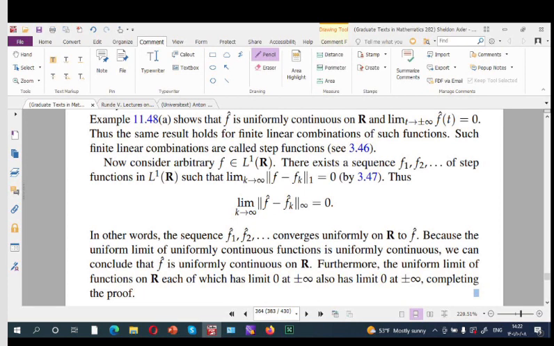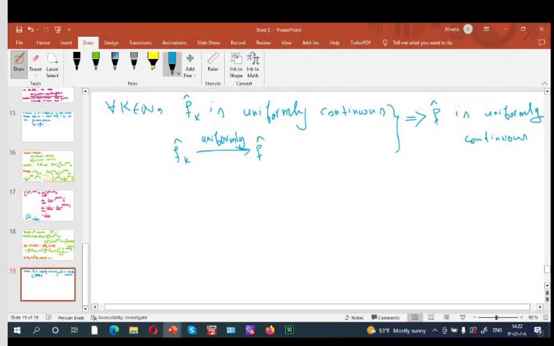It is very trivial that this limit equals 0. The limit of f hat is the limit of f k hat, plus or minus, as k tends to infinity.